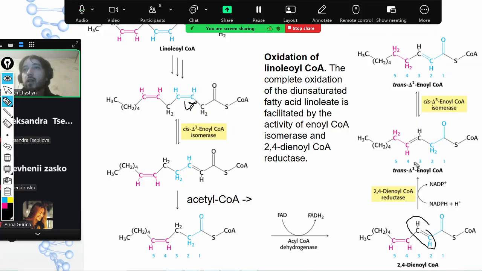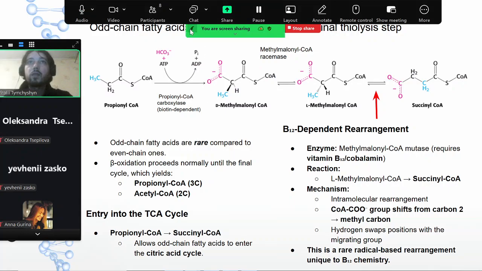Once again, trans delta 3 enoyl-CoA getting through dienoyl-CoA reductase from these two double bonds, getting just one double bond here, and then through delta 3 enoyl-CoA isomerase, moving that bond to here, where it's convenient to perform the rest of the reactions. So a pretty neat mechanism.